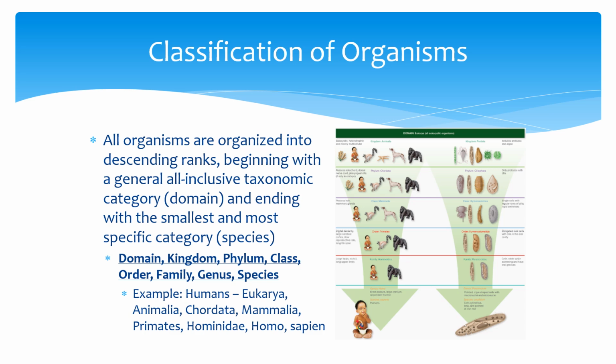The only one of these that you have to know what it includes is domain. Remember, there are three: bacteria, archaea, and eukarya. That's the only one of these ranks that I'm going to ask you to remember the parts of. Otherwise, you just need to remember the order that these classifications go in.